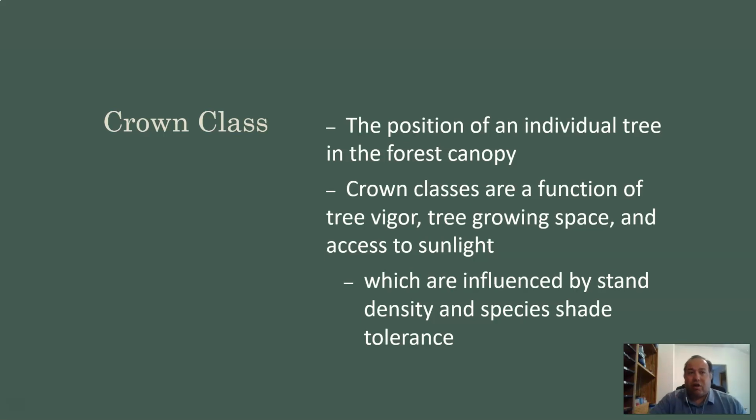So how good is that tree growing? How much space does that tree have to grow? And how much access to sunlight does that tree have? And all of those are influenced by stand density, how many trees are in one area, and the species shade tolerance. Are we talking about shade intolerant trees? Or are we talking about shade tolerant trees that are going to take their time?